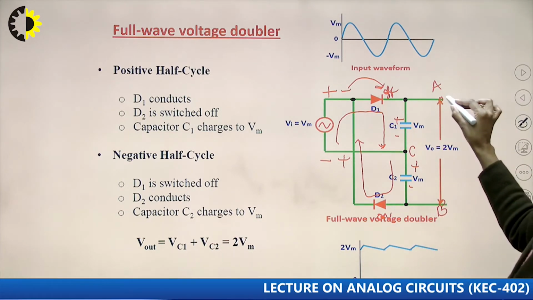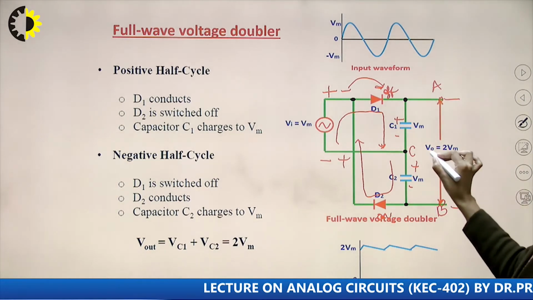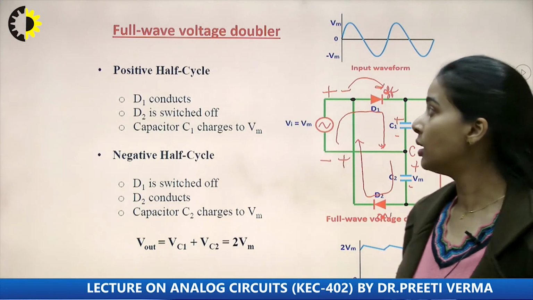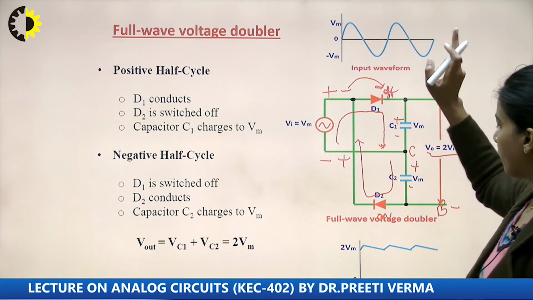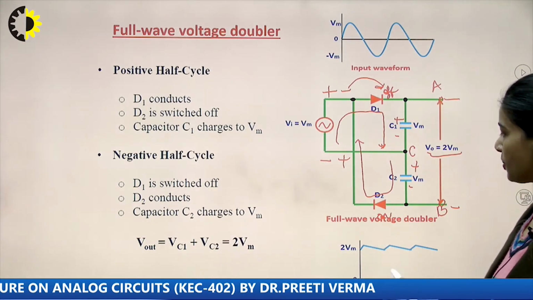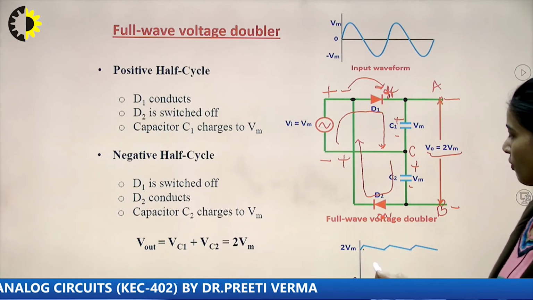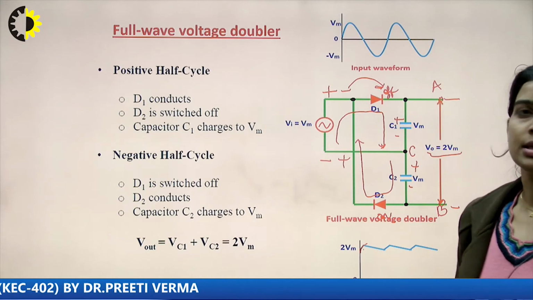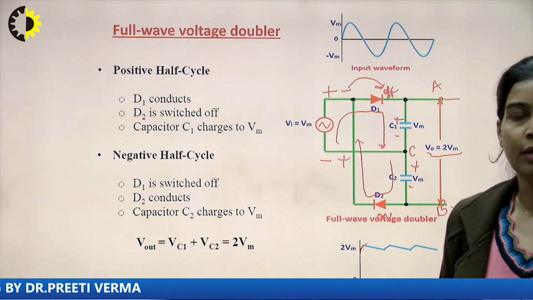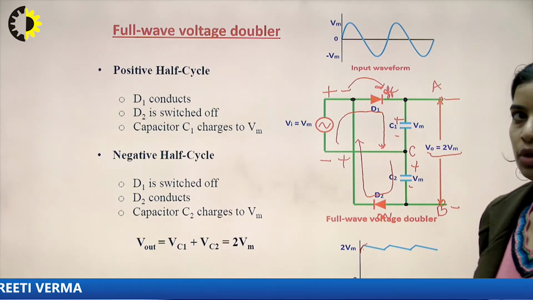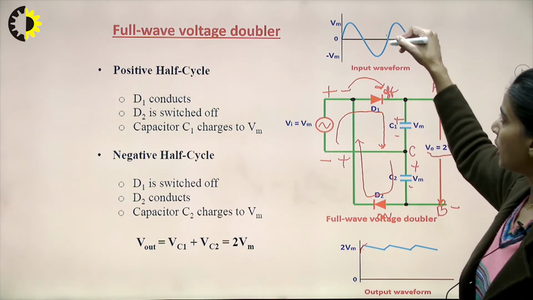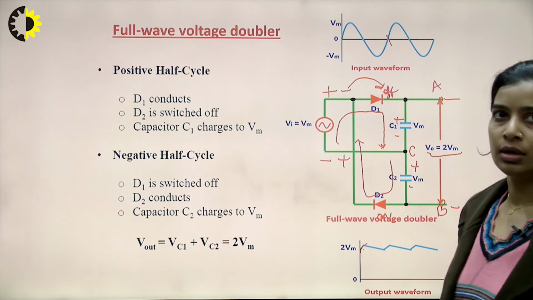So, the total voltage across A to B is 2Vm for a complete cycle of the input. That is represented here, 2Vm for one cycle of the input. So, that is the difference between the full wave voltage doubler and the half wave voltage doubler. Here we are getting 2Vm for a complete cycle of the input signal.